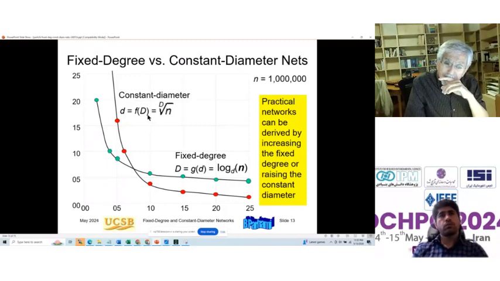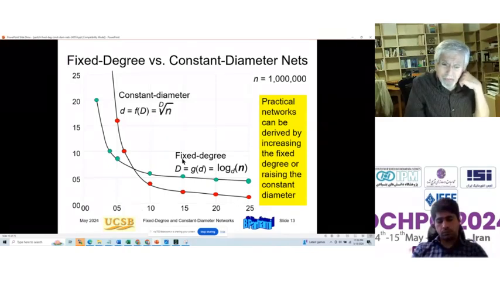If you have diameter that varies, so diameter is your independent variable, node degree as a function of diameter, so diameter is a constant given to you, let's say 15, node degree as a function of diameter is specified by this function, the dth root of n. So as I'm willing to increase the diameter, I can use nodes of smaller and smaller degrees.